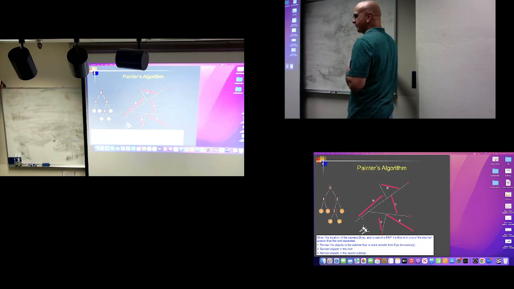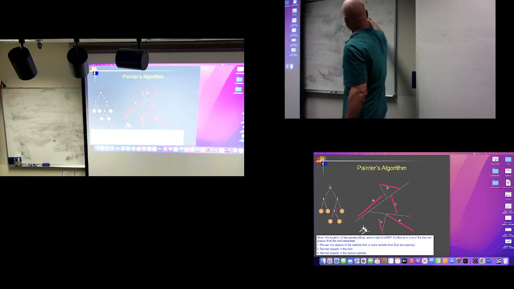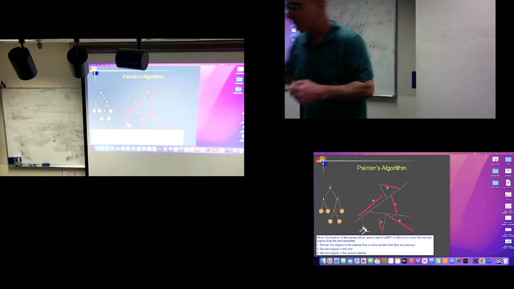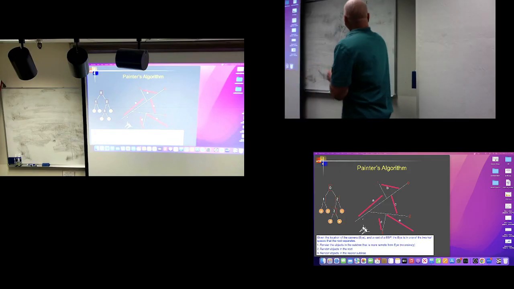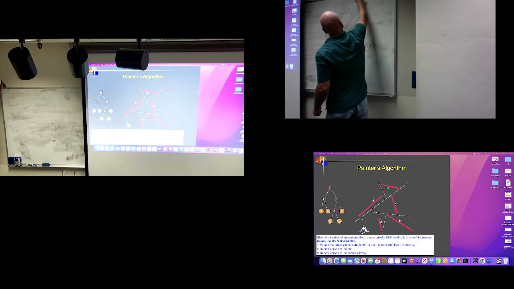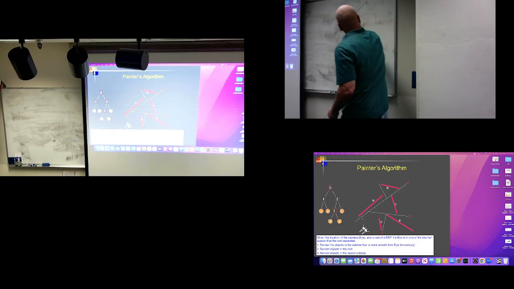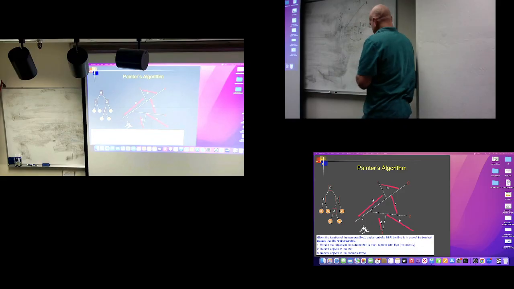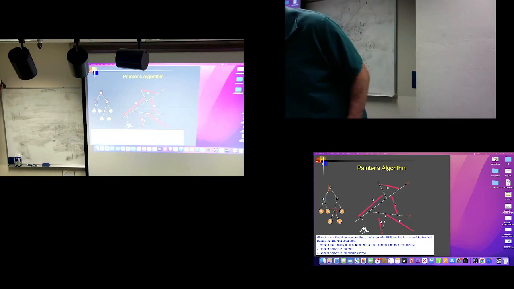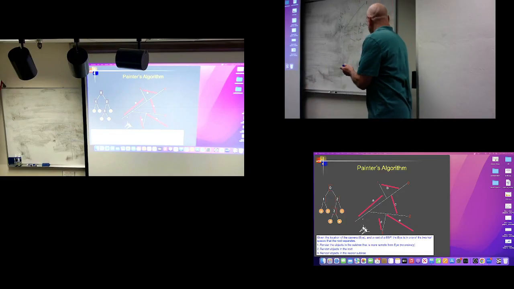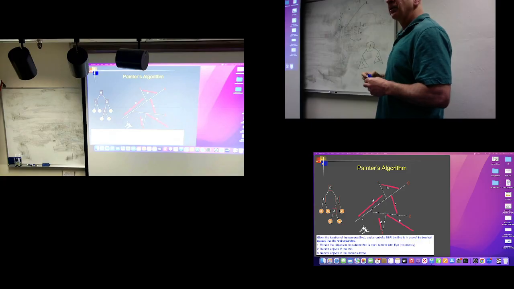I'll build a tree where L will be at the root, and I'll decide that everything above the line will be, say, on the left, so I'll call this set S1, I'll call this set S2, and I recursively build my tree on the set S1 because it's one side of L, and S2 because it's on the other side of L.